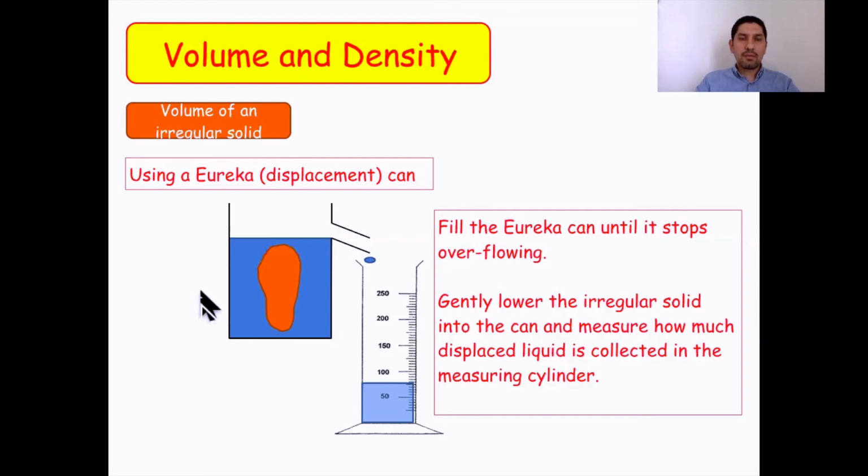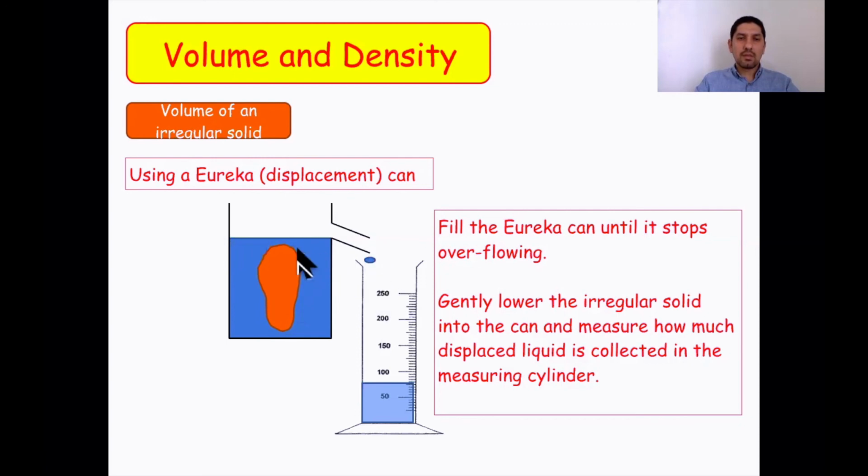Well, we have another way of measuring the volume of an irregular solid. Still the same method, displacement of volume. So first we should have liquid in the Eureka cup, Eureka cylinder. It should be full. Once you put the irregular shaped object into the Eureka cylinder, the excess water will flow to the graduated cylinder.